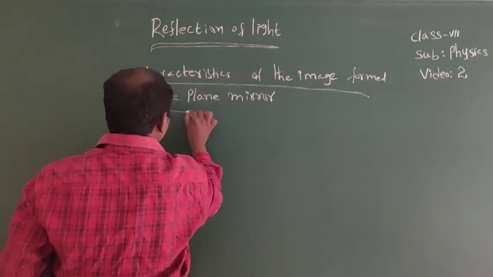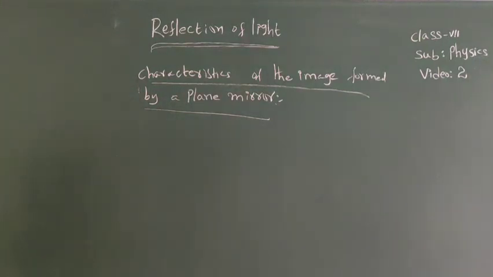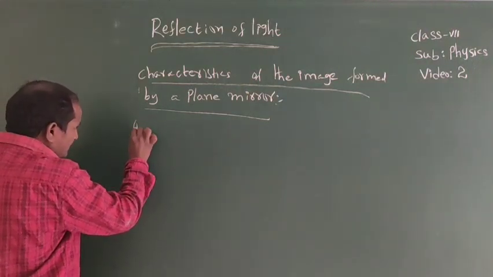Characteristics of the image formed by a plane mirror. I already explained: the image distance and object distance both are equal. The image is erect, means upright.